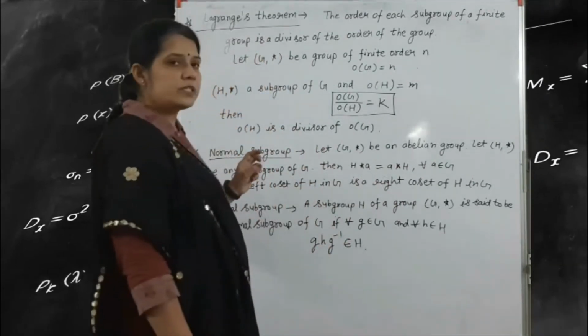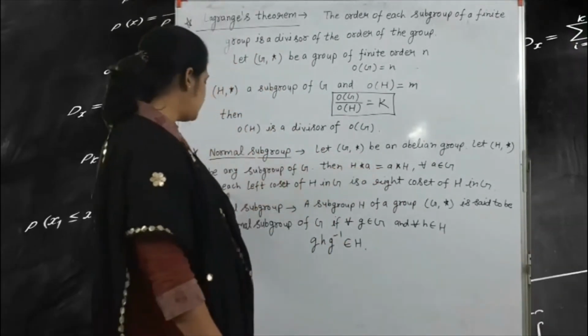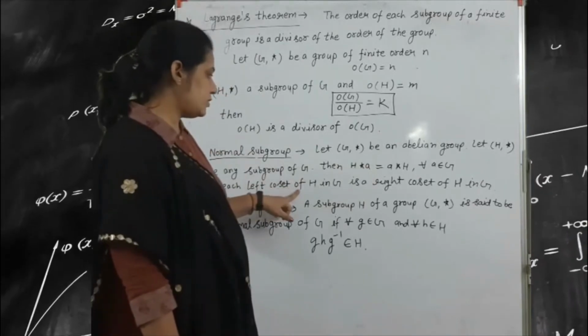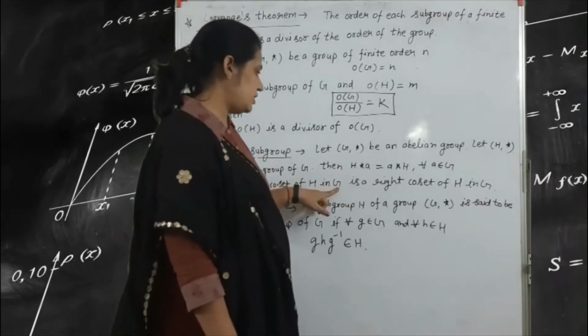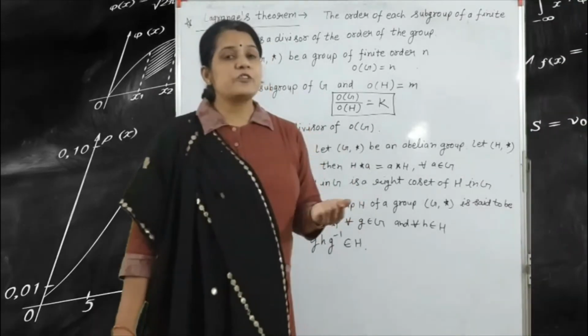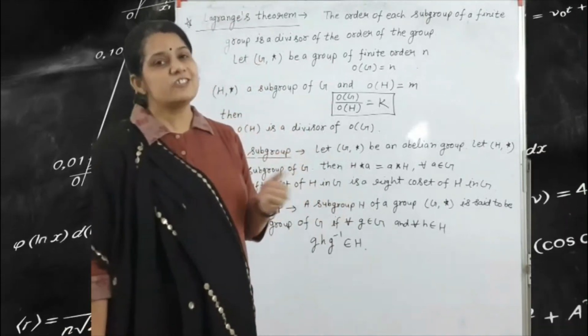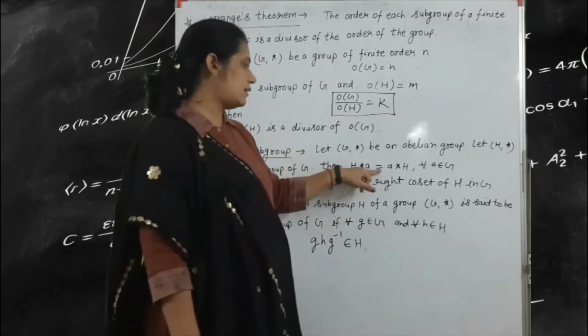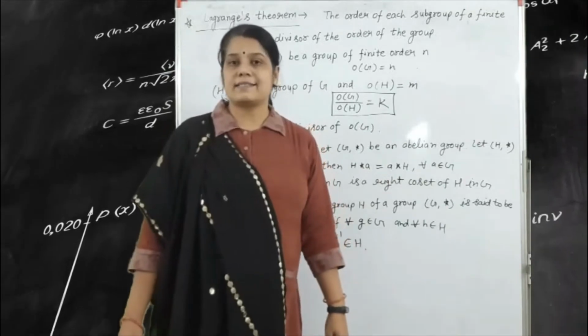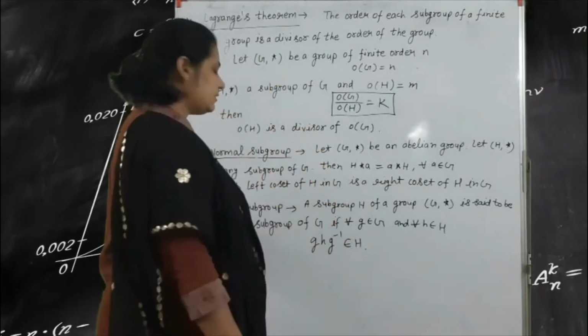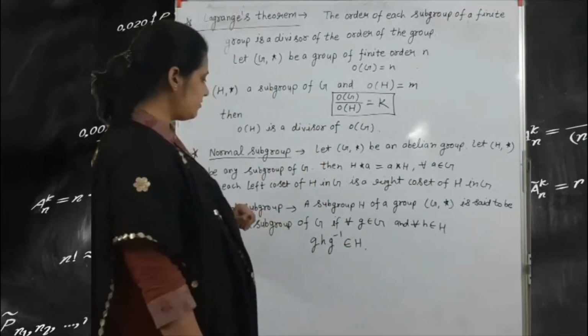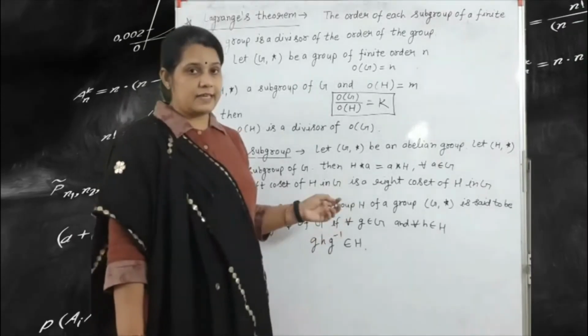What is the meaning of this? That is, each left coset of H in G is a right coset of H in G. That means H * a is equal to a * H. So what is the other definition? This is the next theorem.